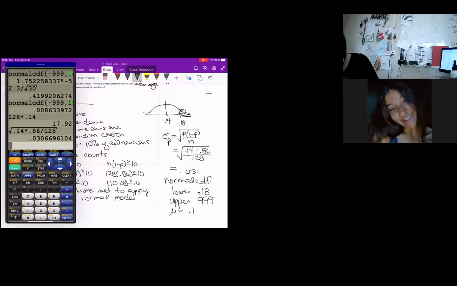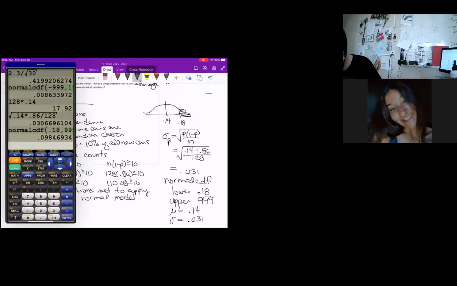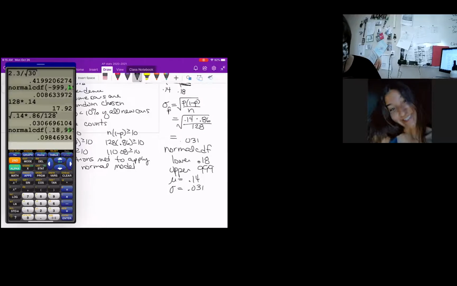So 0.14, and the standard deviation of p hat is 0.031. And I get about 9.8%.